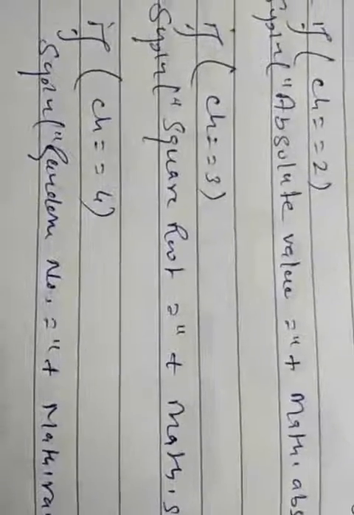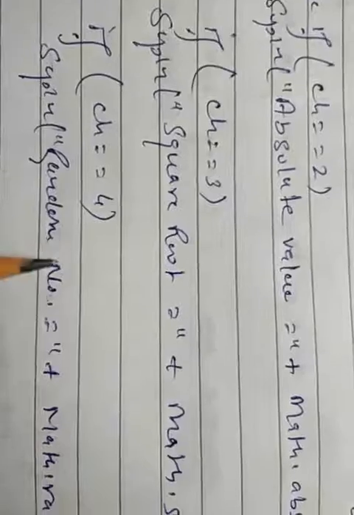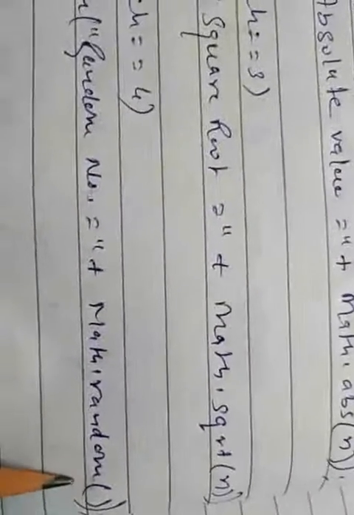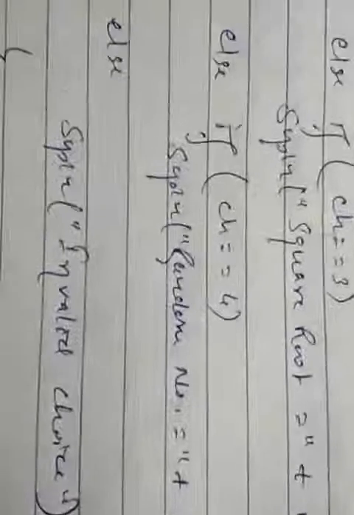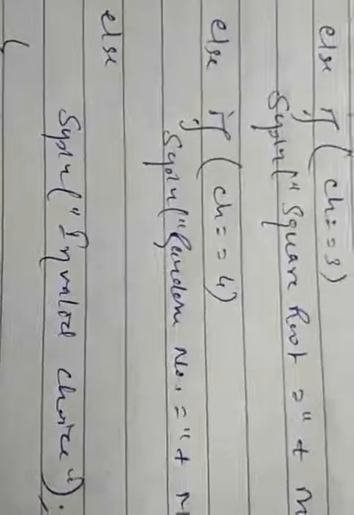But if the third condition is false, on the fourth we want to find a random number between 0 and 1, so there is an inbuilt function Math.random, and there will be no parameter. Or if all the above four conditions are false, then it will come to the else portion and print the message invalid choice.